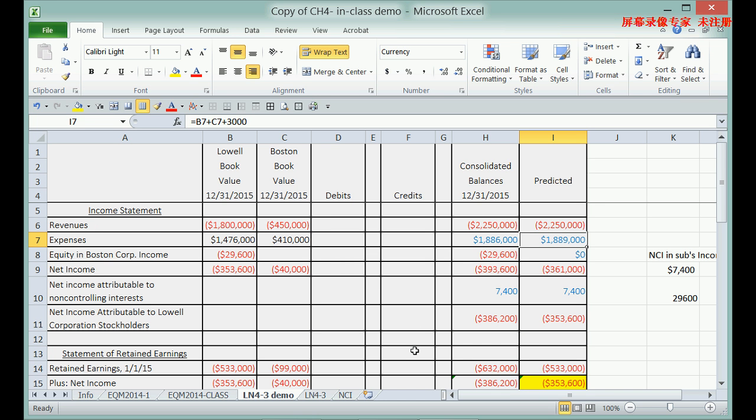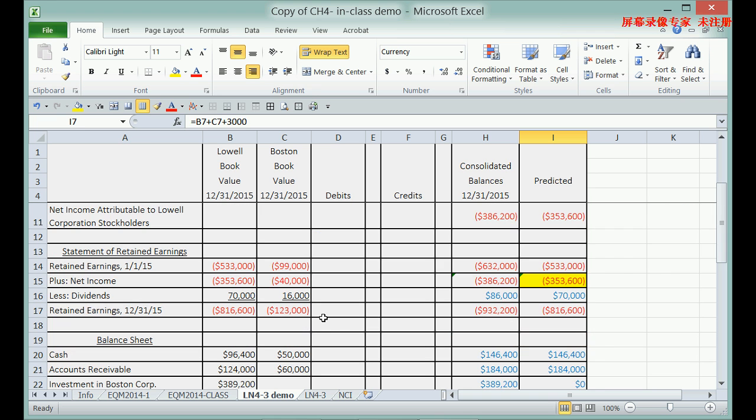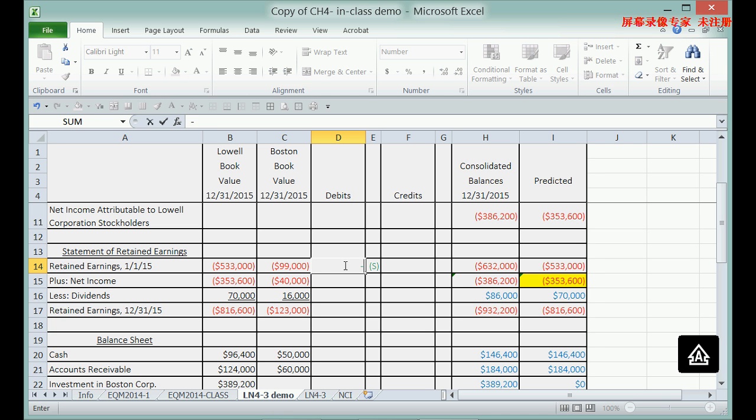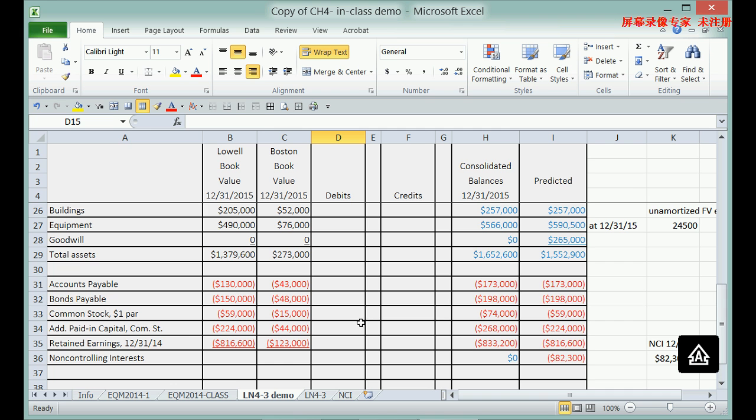Let's start with the S and A entries, and we have an N entry just to take care of the NCI in subsidiary's earnings. I'm going to start with the S entry. The S entry starts with the investment, the retained earnings 1-1, common stock, additional paid in, right?